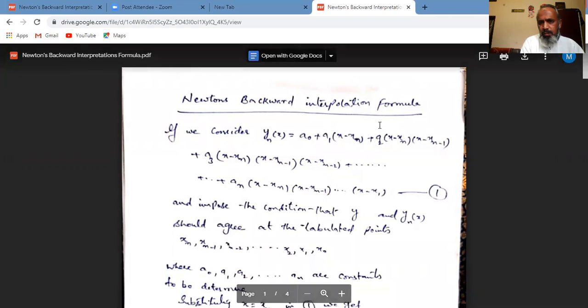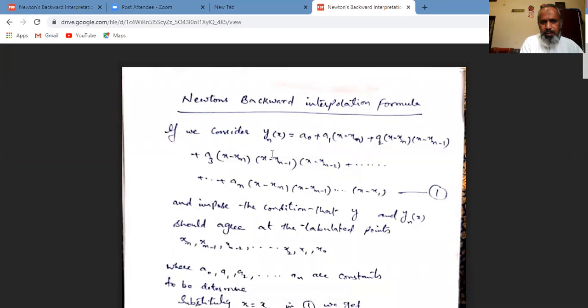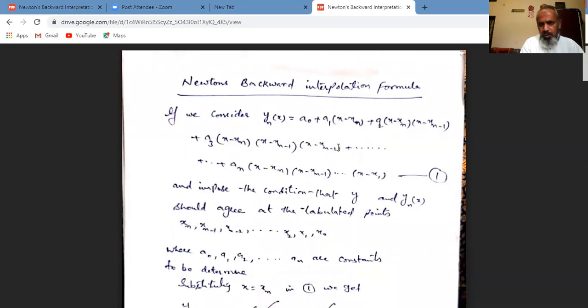The statement of Newton's backward interpolation formula is: we are assuming an nth degree polynomial. yn(x) is equal to a0 plus a1 into (x minus xn) plus a2 into (x minus xn)(x minus xn minus 1) plus a3 into (x minus xn)(x minus xn minus 1)(x minus xn minus 2) and so on, plus an into (x minus xn)(x minus xn minus 1) and so on, where the last factor is (x minus x1).